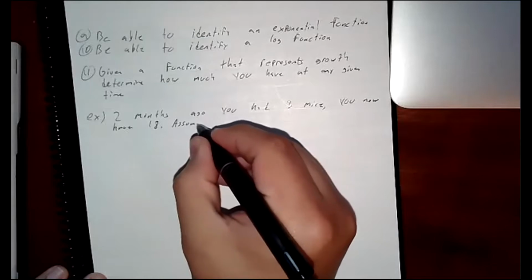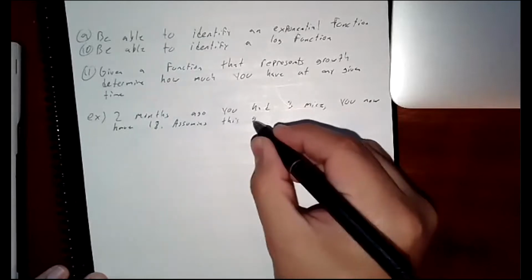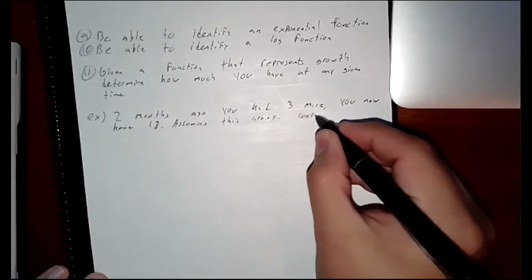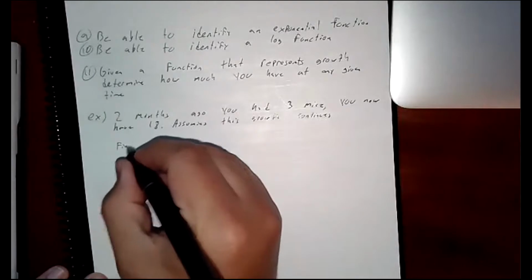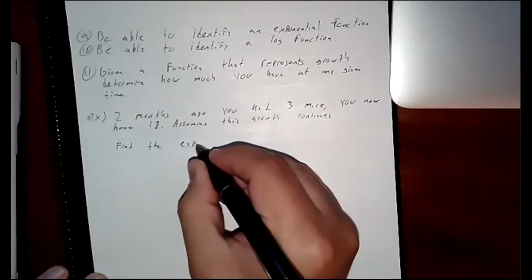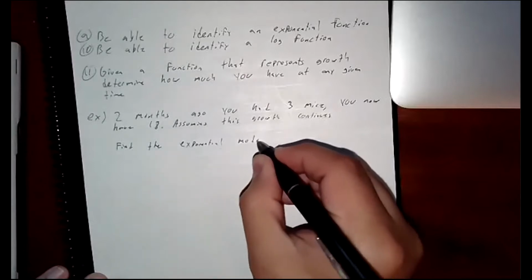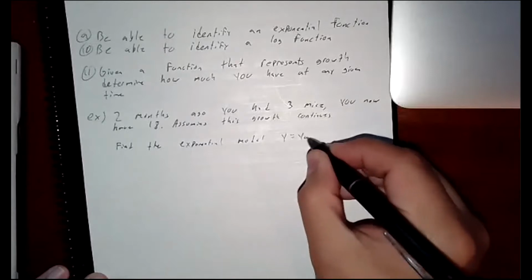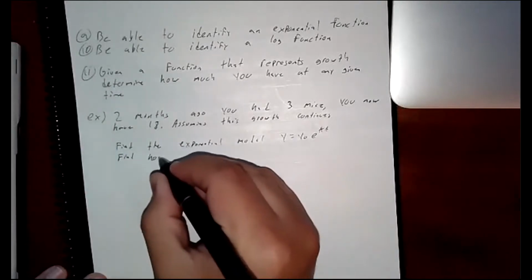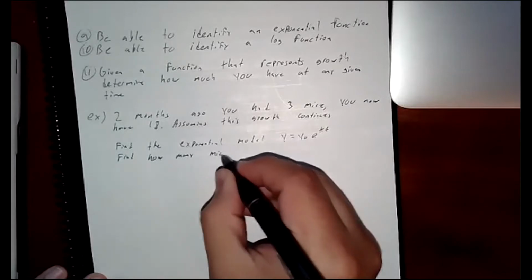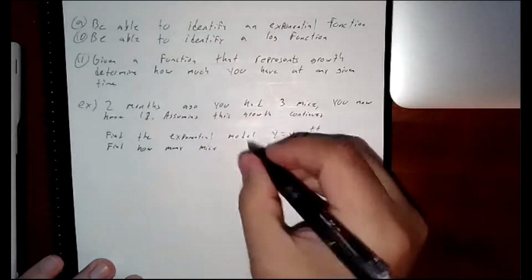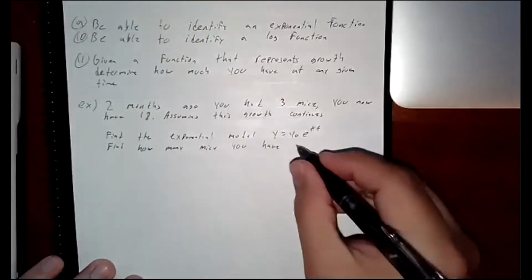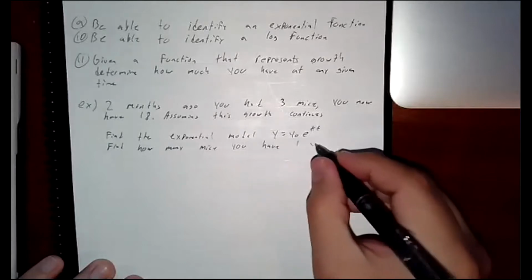Assuming this growth continues, find the exponential model y equals y naught e to the kt, and then find how many mice you have 1 year from now.